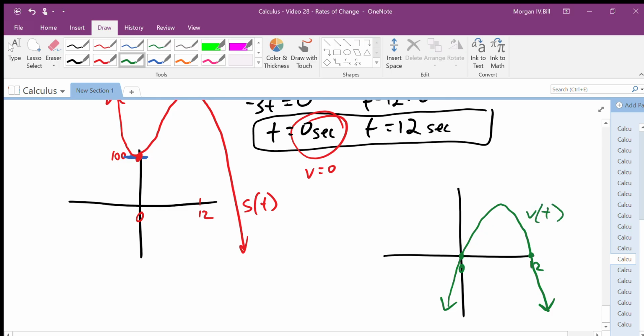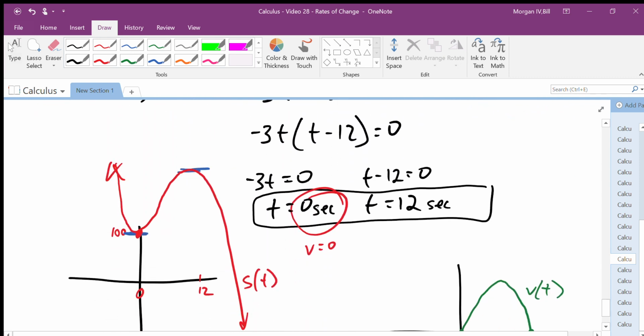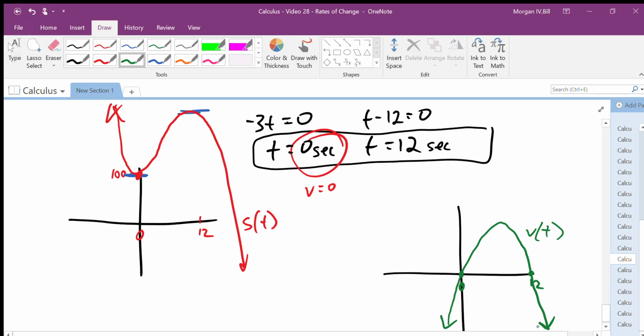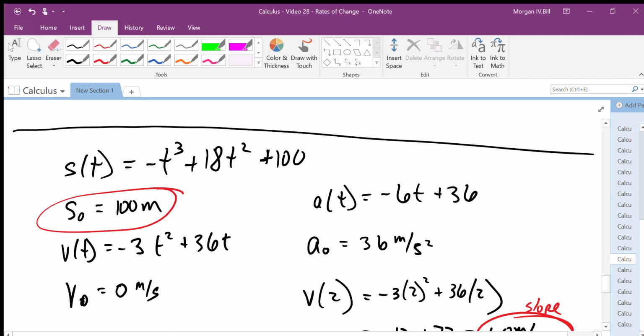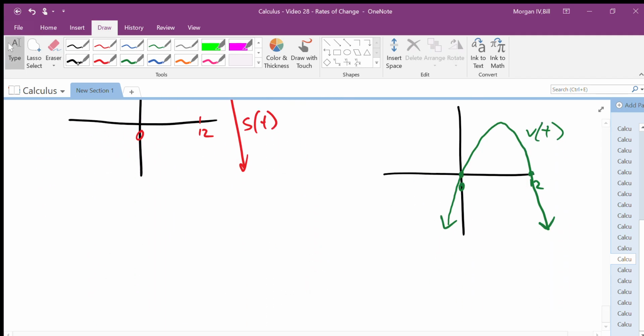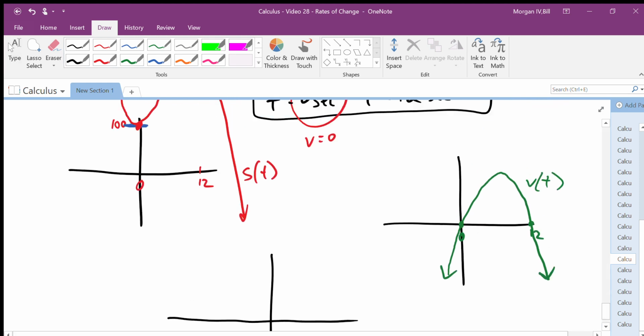How about the acceleration function? Well, we could know ahead of time the velocity function was a degree 2 polynomial. Take the derivative to get to acceleration, and now you have a degree 1 polynomial, which is a line. The acceleration function is negative 6t plus 36. The acceleration function in this particular case, for this particle, which doesn't have to follow the rules of gravity, might be different depending on the time.